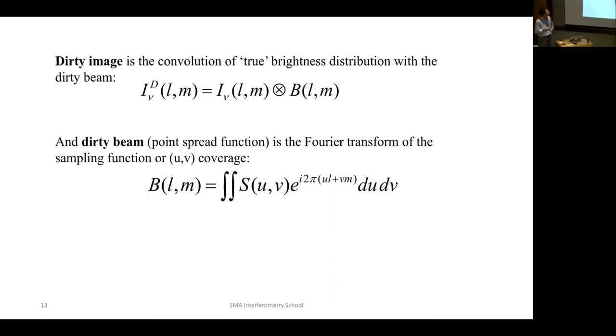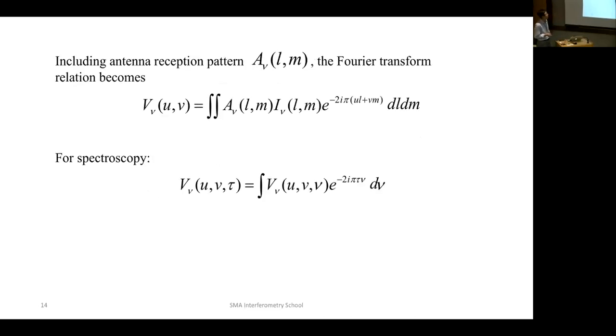The dirty beam is the equivalent of a point spread function in optics, and it reflects the sampling function of your visibilities. There's another consideration: radio antennas have reception patterns that also depend on l and m.